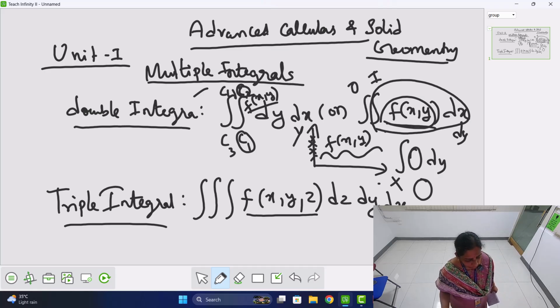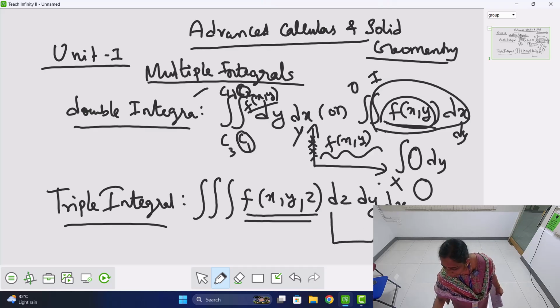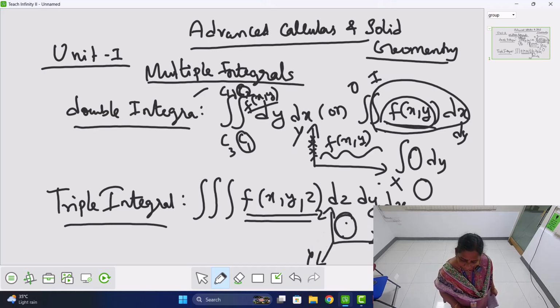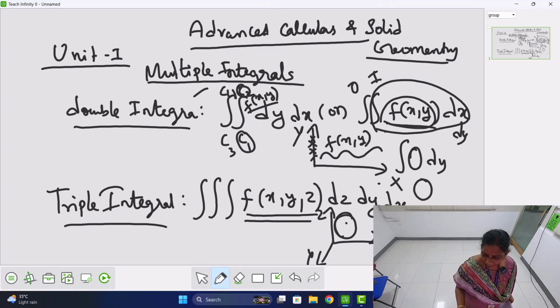We use the triple integration whenever your scalar function or surface depends upon three variables, x, y, and z. Imagine a sphere; we can immediately find the volume of that.